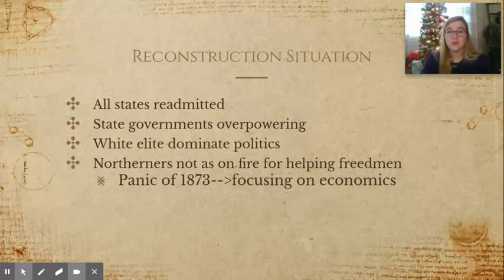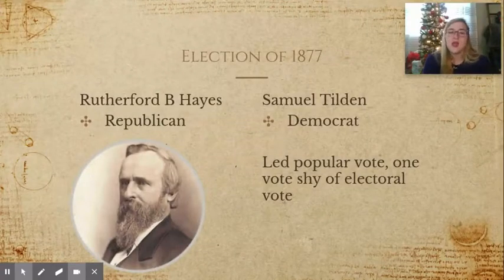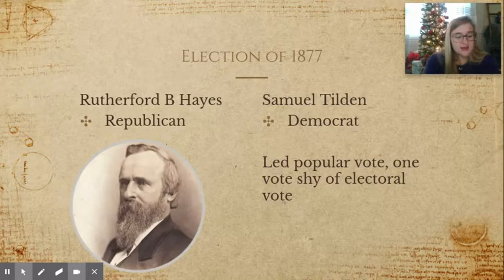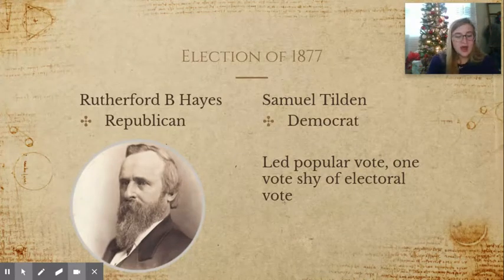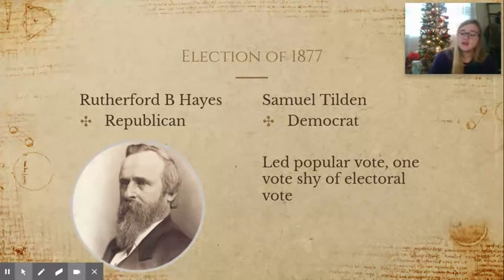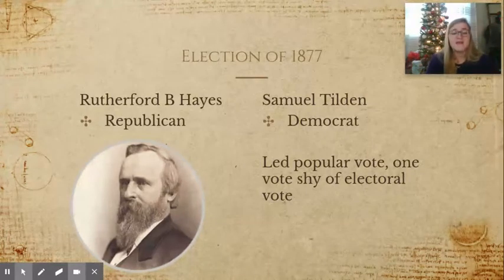So it all starts with a compromised election in 1877, an election between Rutherford B. Hayes, the Republican, and Samuel Tilden, the Democrat, and the results are inconclusive. Tilden led the popular vote and the Electoral College, but he didn't have enough electoral votes to win.